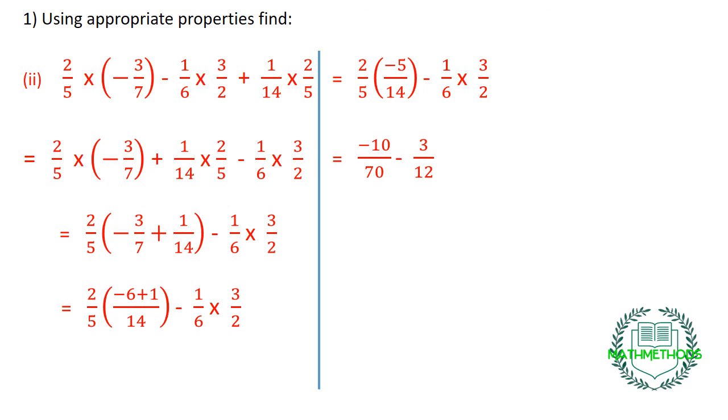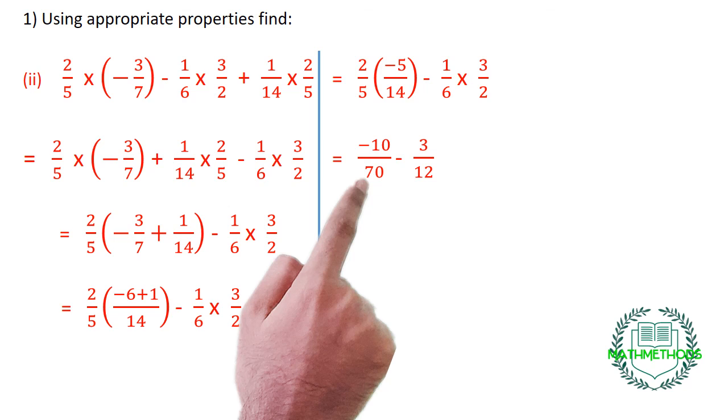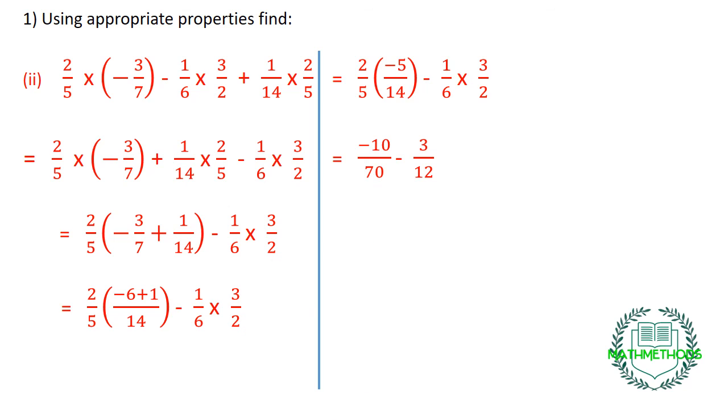Minus 3 upon 12. Now minus 10 upon 70. 10 and 70 will get cancelled as 10 ones are 10 and 10 sevens are 70. And also 3 and 12 will get cancelled. 3 ones are 3 and 3 fours are 12.